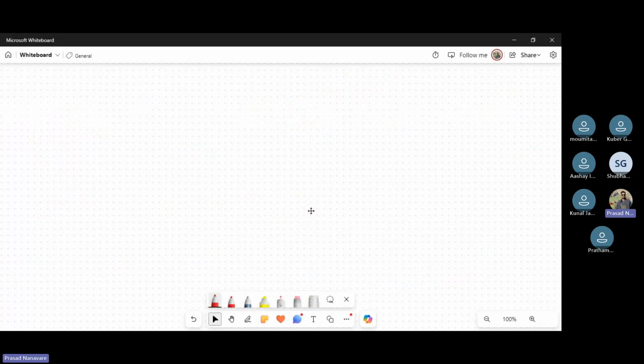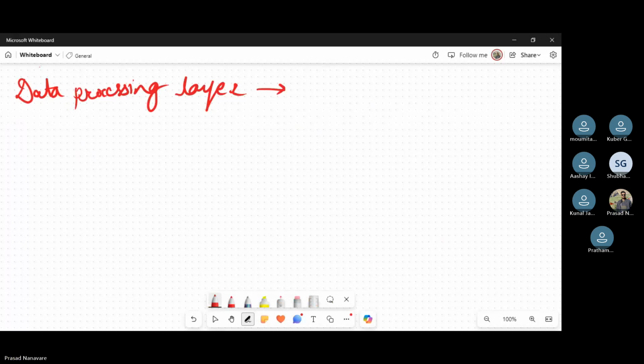So the next layer in our IoT architecture is the data processing layer. Which layer can you relate to in OSI, just reading this name? Which layer do you relate from the OSI model to this layer?